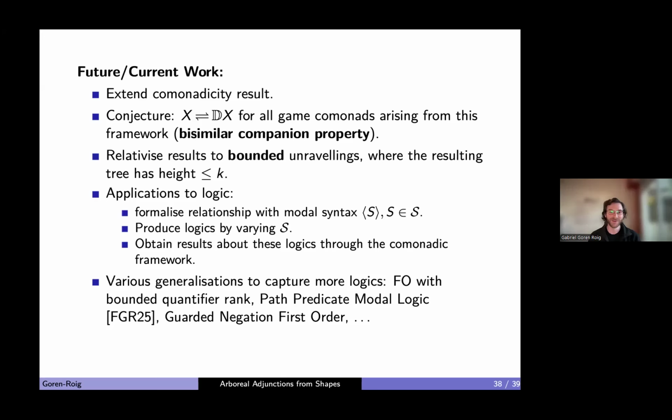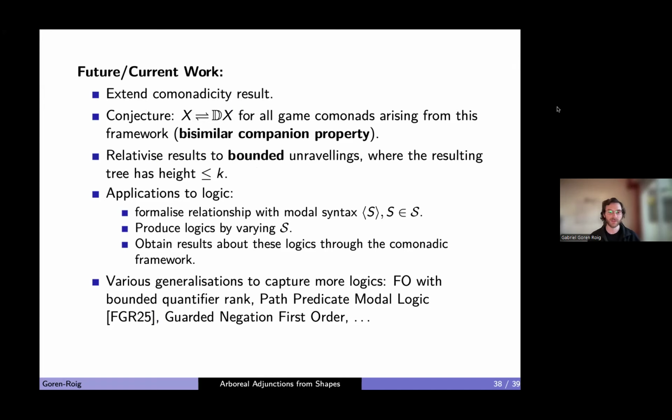So the first one, maybe I already said it: I express a comonadicity result just for graphs, but it's obvious it works in more generality. So we are working right now on finding that right level of generality. And then there are different kinds of things. There's a conjecture about some property that I think holds in all cases.